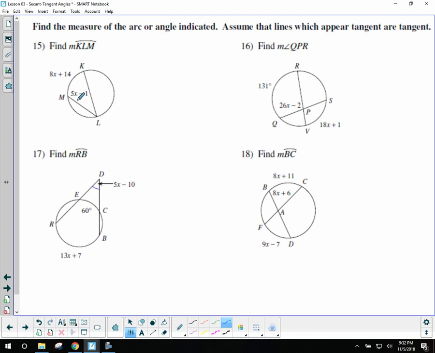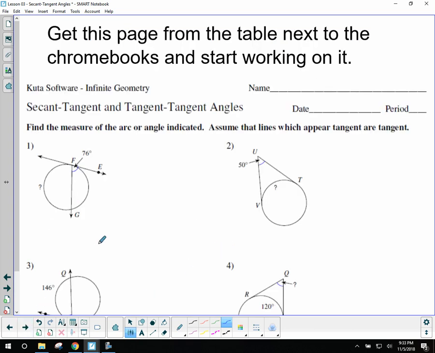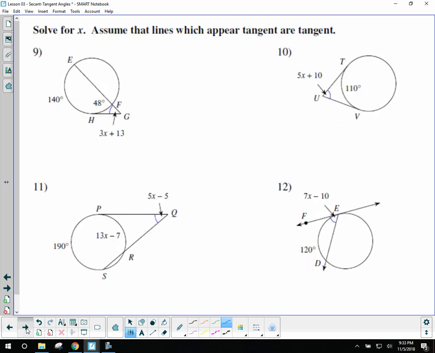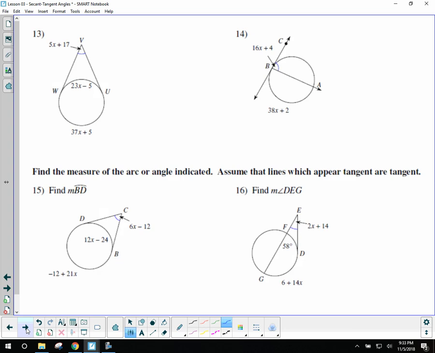Should be times it by 2. Again, ignore this. I'm going to give this to you. Rules still apply just because they look different. This minus that should equal this, after you divide by 2, obviously. So give it a whirl, check your answer key.